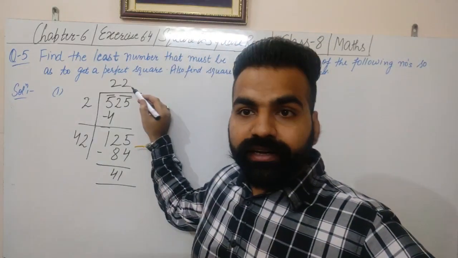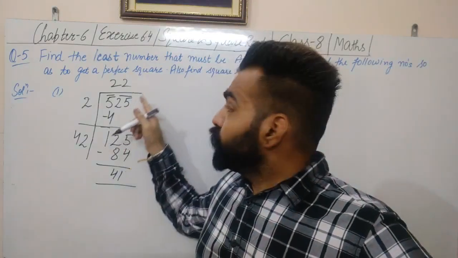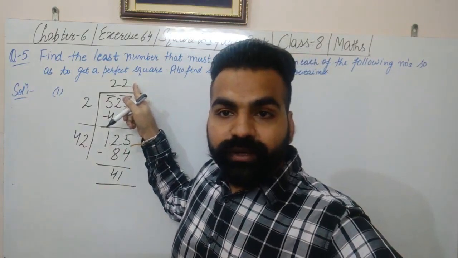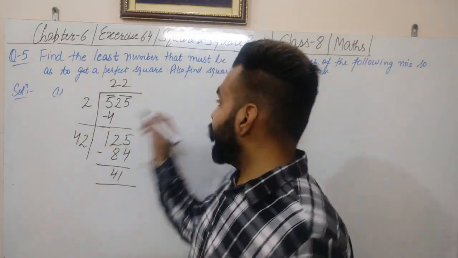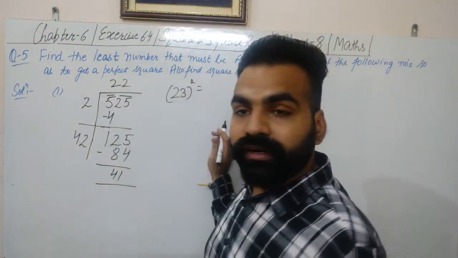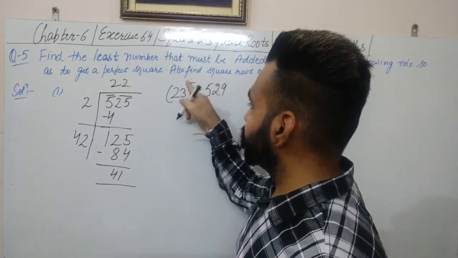We have to find a number which must be added to this number. So take the next number to this quotient. The quotient here is 22. So the next number to 22 is 23, and find the square of 23. So 23 square is 529.